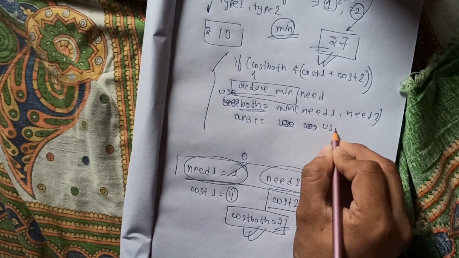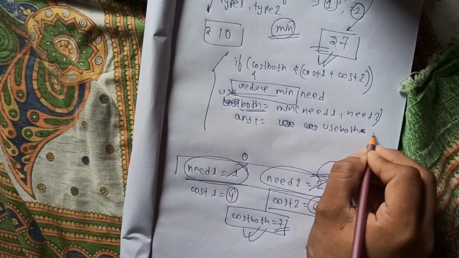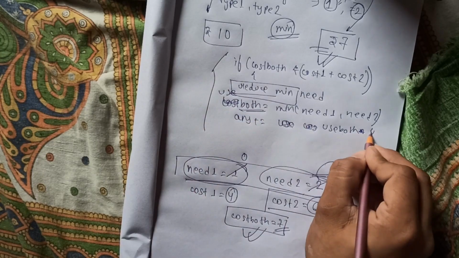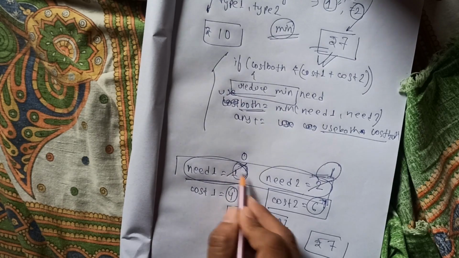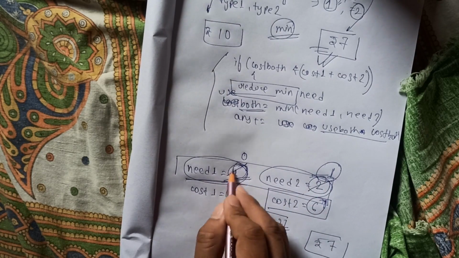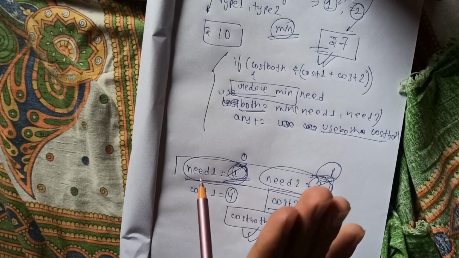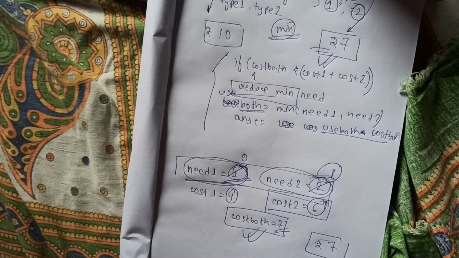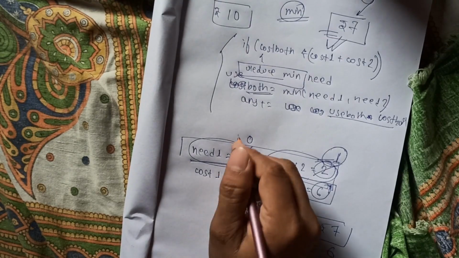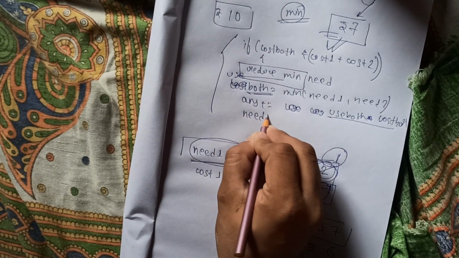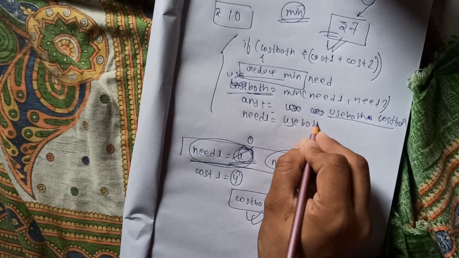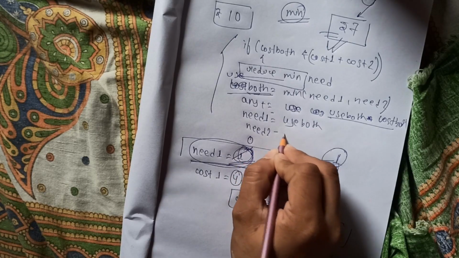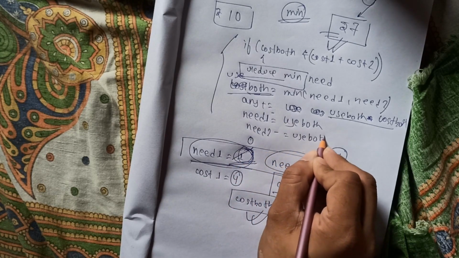I hope this is clear, that if it was 1 and it was 2, first reduce the minimum, because that will cost us a bit less, right? All right, so if we have done that, answer will be plus that, and need 1 will be reduced by use both, right? Need 1 minus equal to use both, and need 2 minus equal to use both, right? After this, what we will do, right?